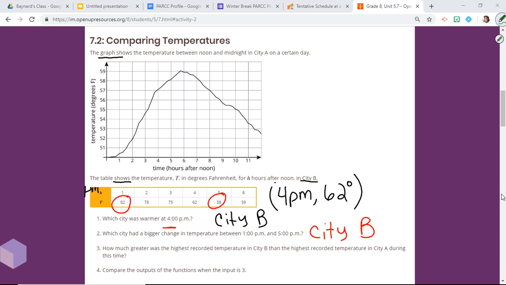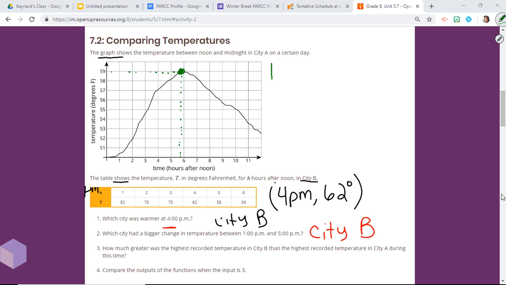Alright, so looking at City A, so the graph, what is our highest recorded temperature? So it looks like our peak is right about there. So that's at, looks like sometime after 5 o'clock but before 6 o'clock. And right at about 59 degrees is our highest recorded temperature.